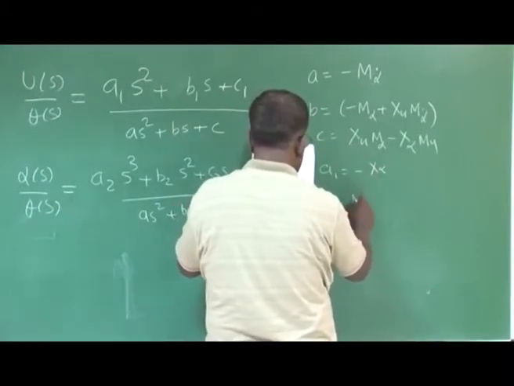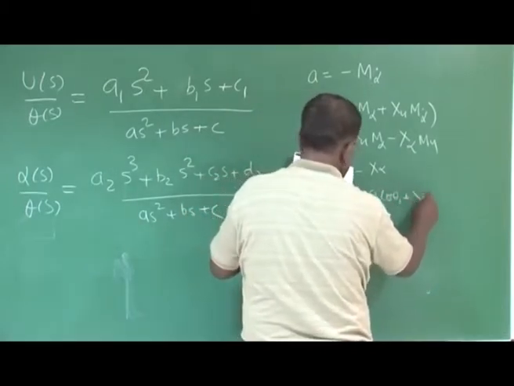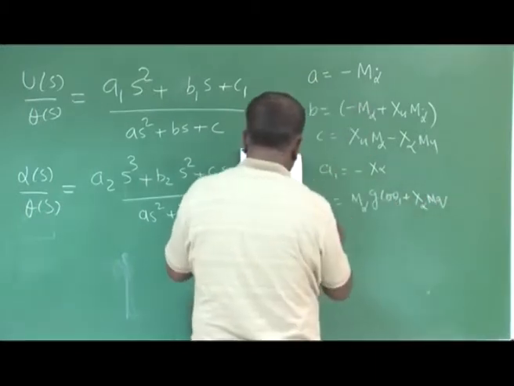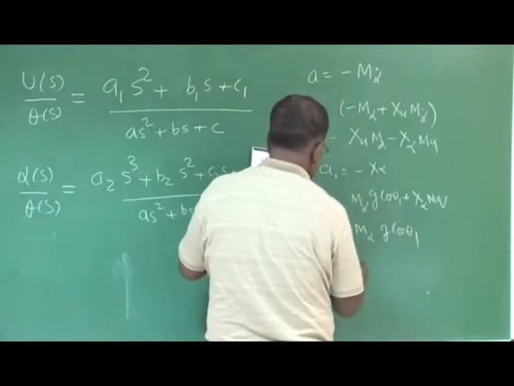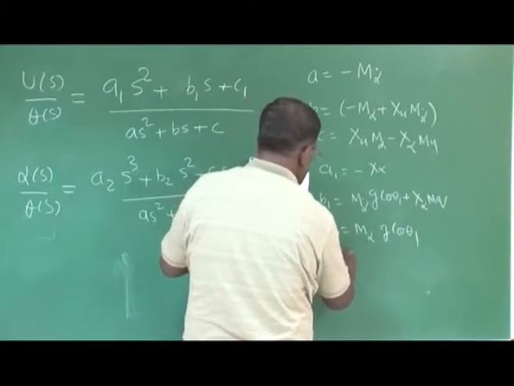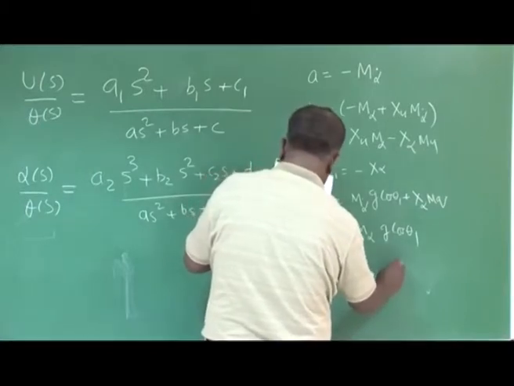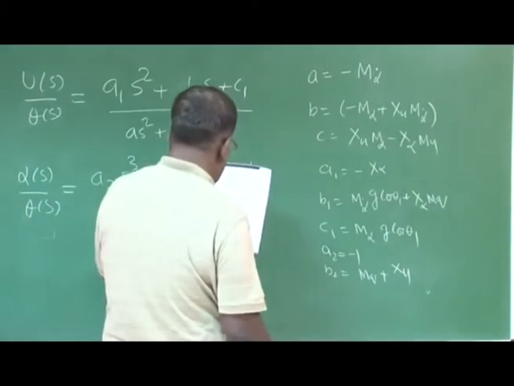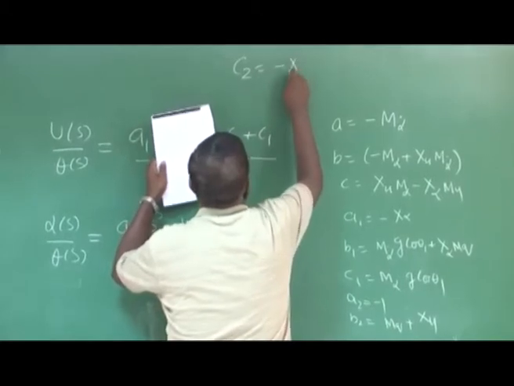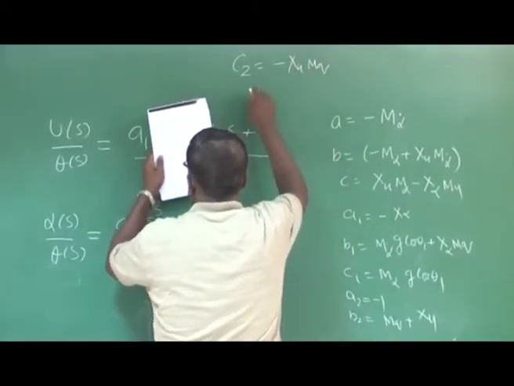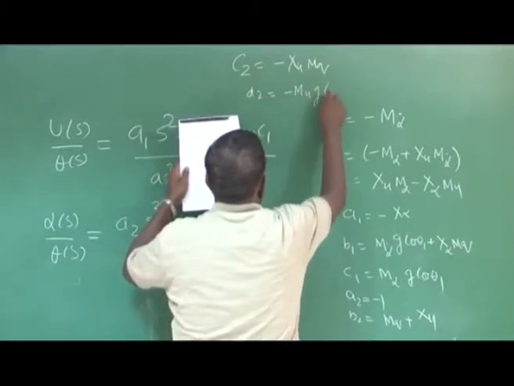B1 equal to m alpha dot g cos theta 1 plus x alpha mq, then C1 equal to m alpha g cos theta 1. Similarly, A2 equal to minus 1, B2 equal to mq plus xu, and C2 equal to minus xu mq, and D2 is equal to minus mu g cos theta 1.